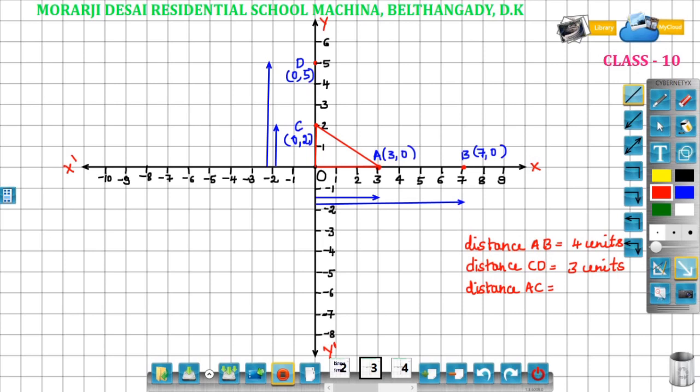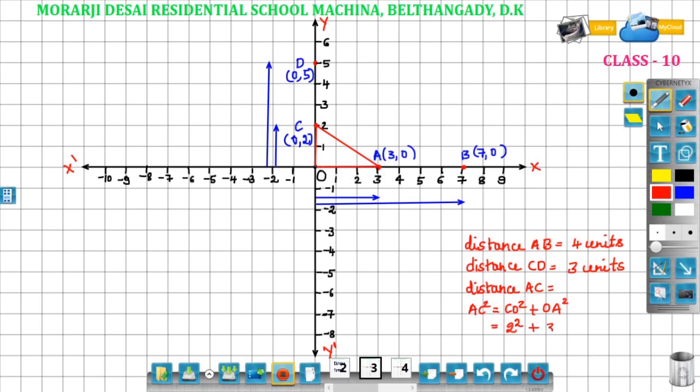In a right triangle AOC, AC is a hypotenuse. So according to Pythagoras theorem, square of the hypotenuse is equal to sum of the squares of the other two sides. That is, AC square is equal to CO square plus OA square. Now what is distance CO? That is 2 units, that is 2 square.